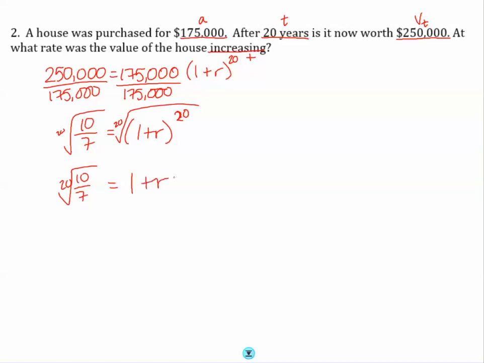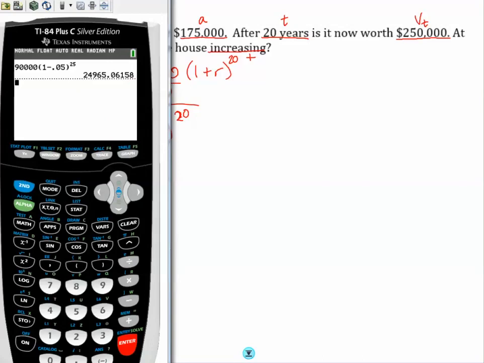Then to finish solving, we need to subtract 1 from both sides. Now we can grab our calculators and figure out what this equals. To type in the 20th root, you go to Math, then number 5, and it lets you type 20 as your index. And make sure you type the -1 outside of the radical.